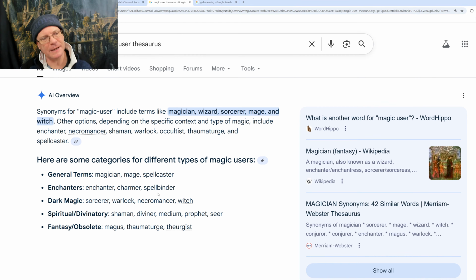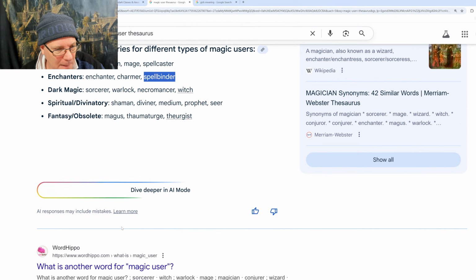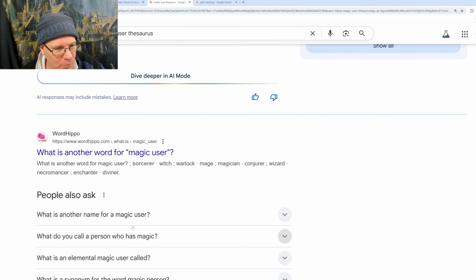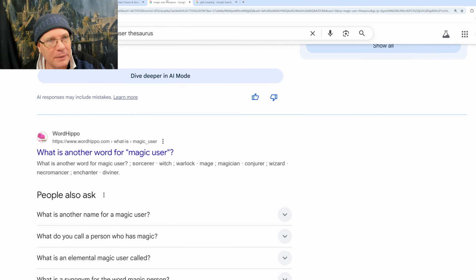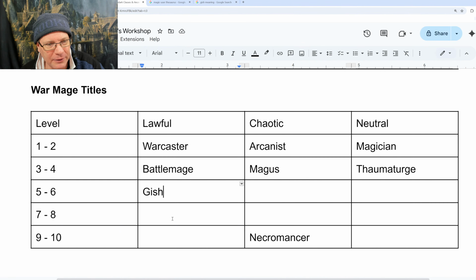Okay, spellbinder. I feel like we could potentially get away with spellbinder. That seems like a reasonable one to go with. Spellbinder. Might even fit better with something else, wouldn't it? Potentially. But let's take Spellbinder.